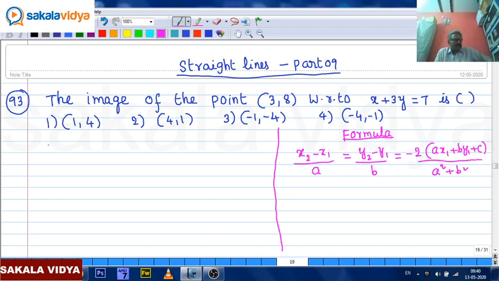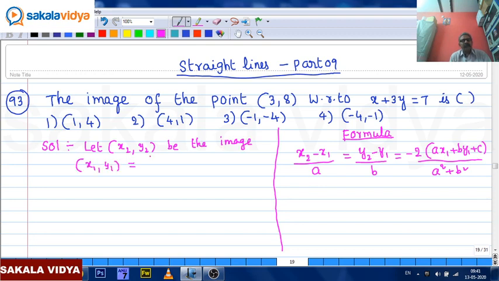So, now let us do the solution. Let x2 comma y2 be the image, x1 comma y1 equals 3 comma 8.